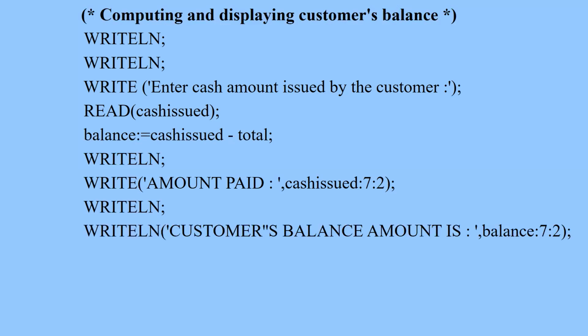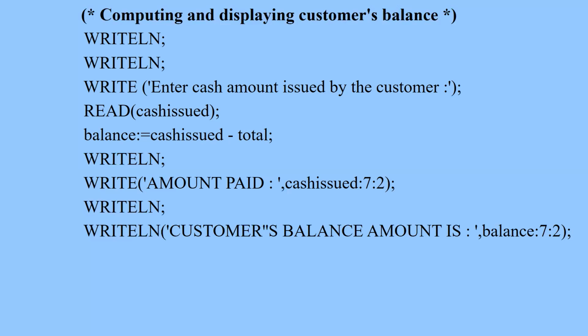Then write the following statement on the screen, drop one line. So customer's balance amount is, pick what is in the memory location set aside called balance. Whatever is there, displayed on the screen, ensure that the fractional part does not exceed 2.